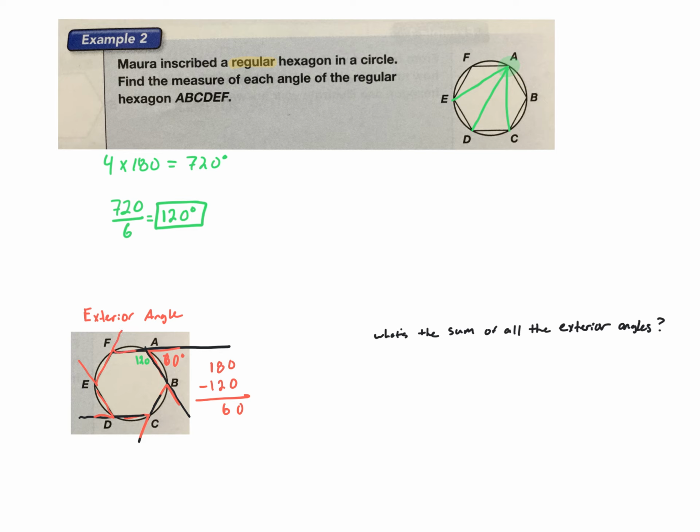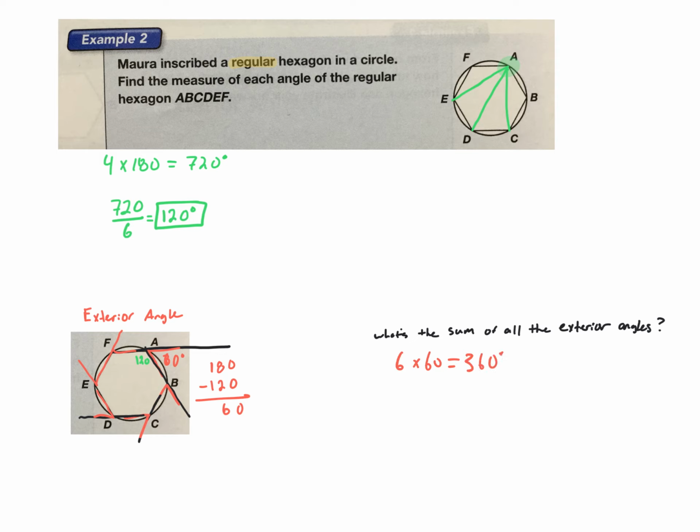So notice there is 1, 2, 3, 4, 5, 6 exterior angles. So over here they asked us, what is the sum? Which means if I added them all up, what's the sum of all the exterior angles? Well, I know one of them is 60 degrees, and I know that there are 6 of them. So it's going to come out to be 360 degrees.